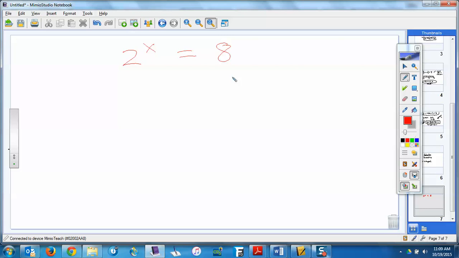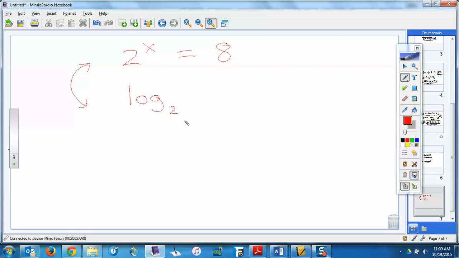So one of the things we want to make sure we can do is change from exponential form to logarithm form. So this is called exponential form. The logarithm form would be log, what would go down here? The 2. Now the way to remember that is that's the base. The 2 is the base in the logarithm and it's the base in the exponential.